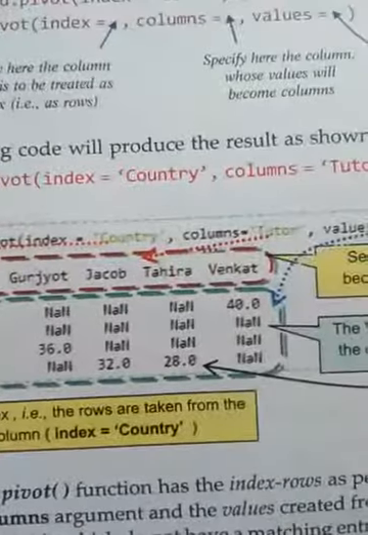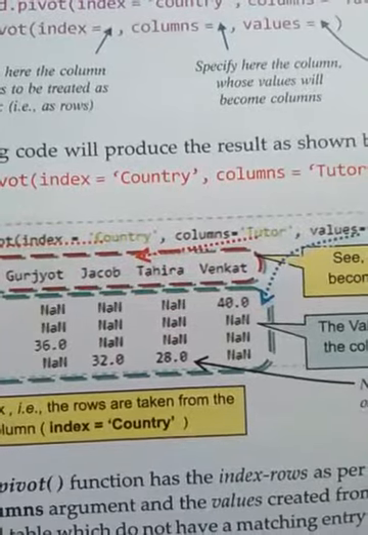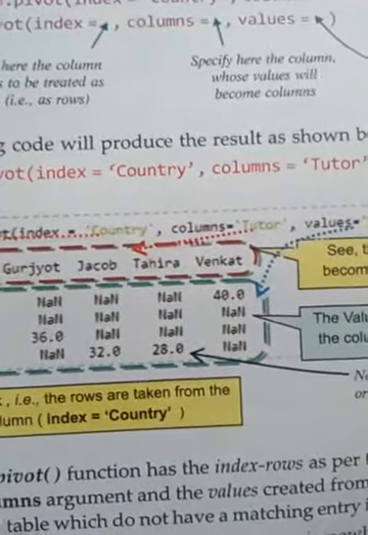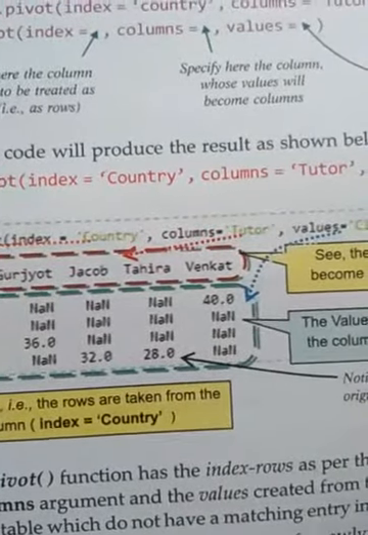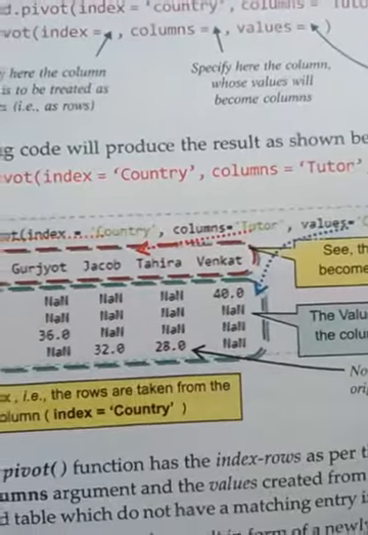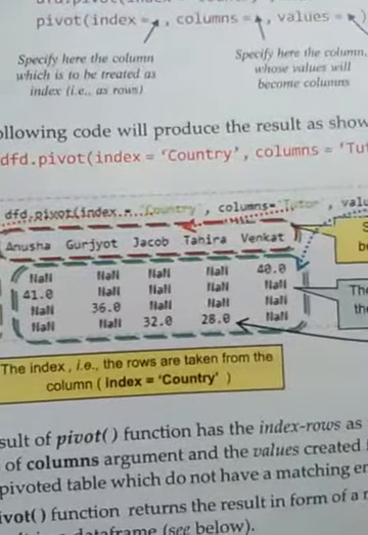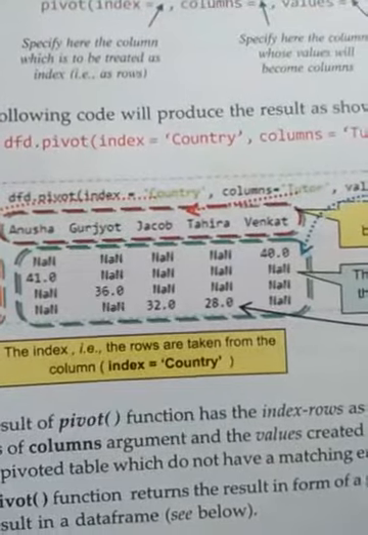And now there are two tutors in the same country, Tahira and Chekhov. That country is USA. So the value is displayed in USA, that is 28 classes.